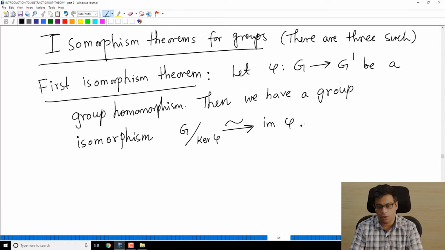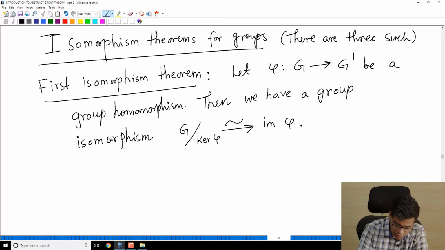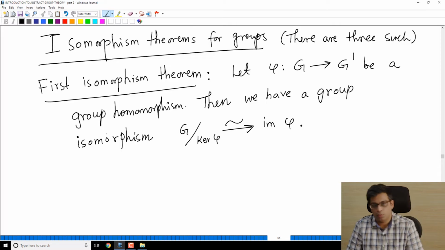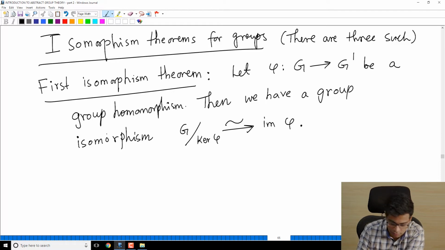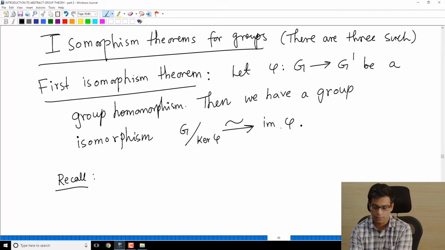It's a good time to recall what is an isomorphism. An isomorphism is any group homomorphism which is bijective as a set map. So isomorphism allows you to think of these two groups as essentially the same groups. In order to even make sense, remember I am saying that this is a group isomorphism. So these two are groups in particular.